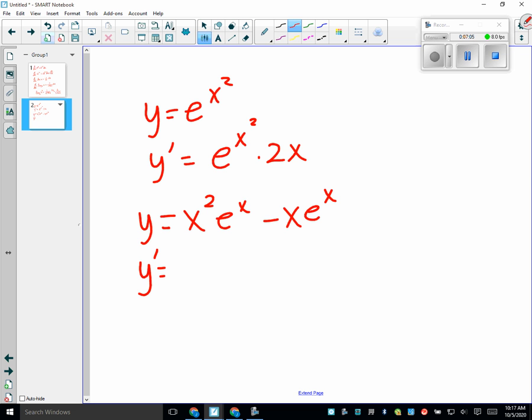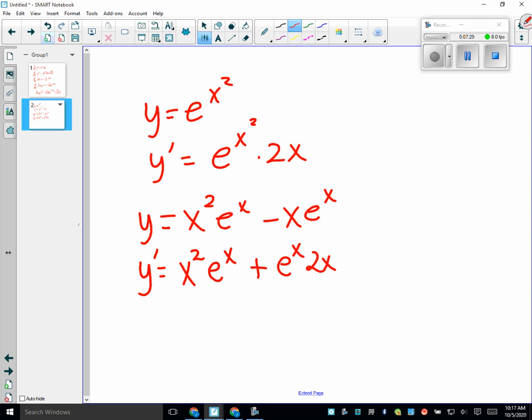What's the derivative of this? The first times the derivative of the second, which is e to the x, plus the second times the derivative of the first.